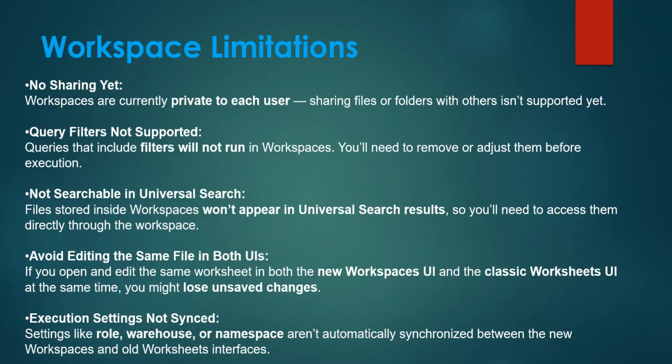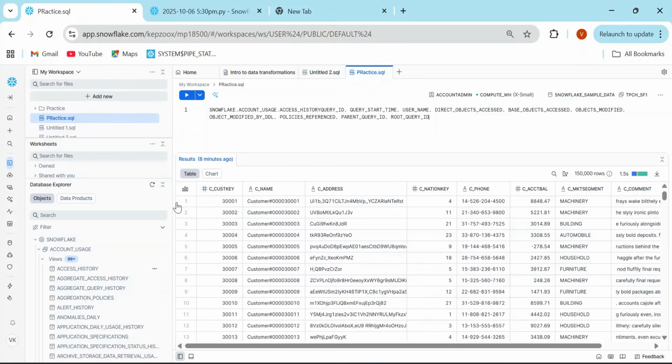The workspaces are currently private to each user. Query filters are not supported, so those filters will not run in the workspace. And if you have existing worksheets which you are transferring into the workspace, you have to remove or adjust it.